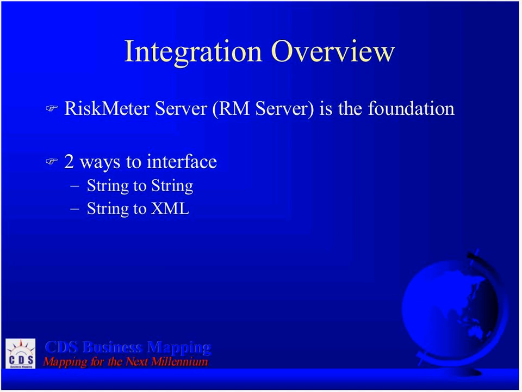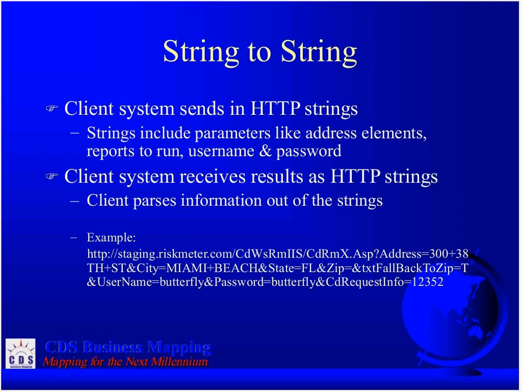So there's basically two ways to interface with us, what we call string to string and string to XML. In string to string, you send us an HTTP string, and you get back HTTP strings as results, and you parse out the information. So here's an example of an input string where you can see the staging RiskMeter.